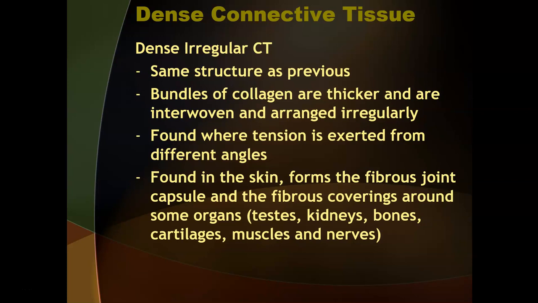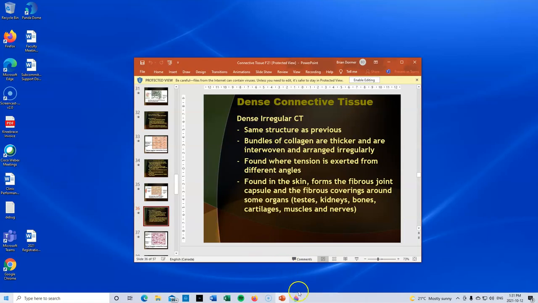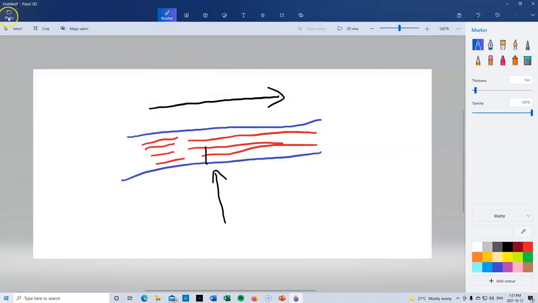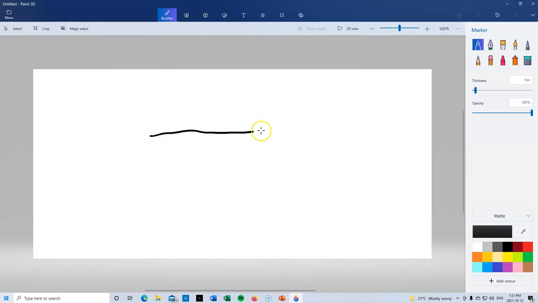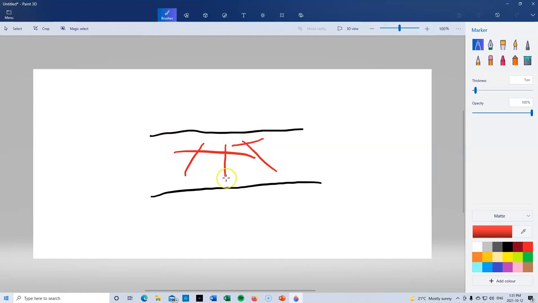So if we go back to our diagram here, and again, I draw the tissue here. I've got gray, so we'll just keep it as gray, or black. Now we're going to have fibers that, instead of running parallel along the force, are now everywhere.